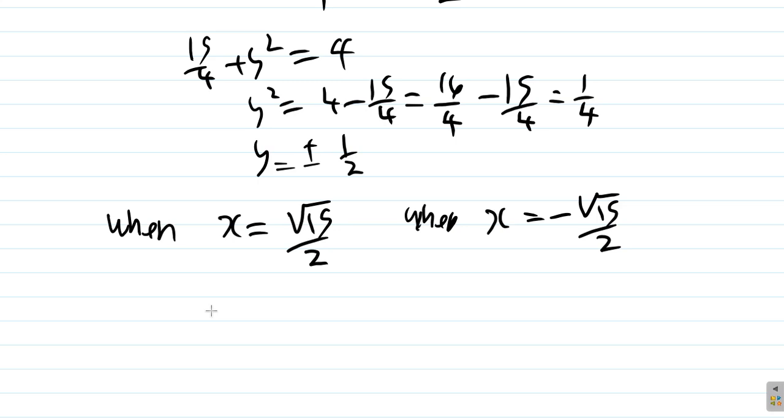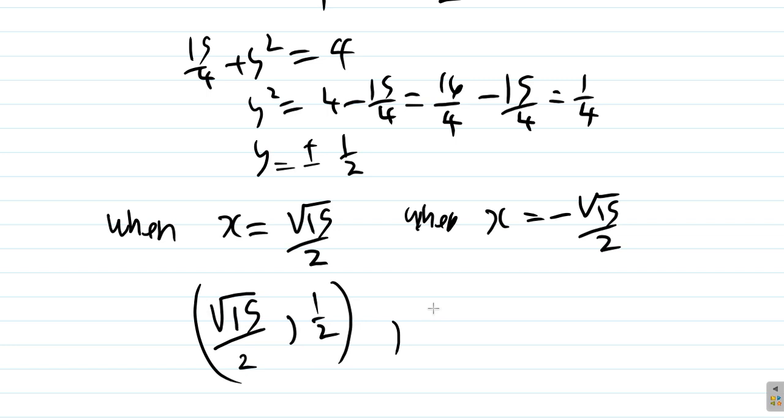So in this case, our coordinates are square root of 15 over 2, comma, half, and negative square root of 15 over 2, comma, half. Those seem to be our coordinates, right?